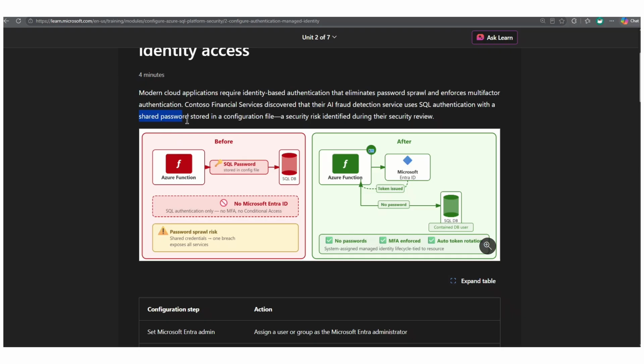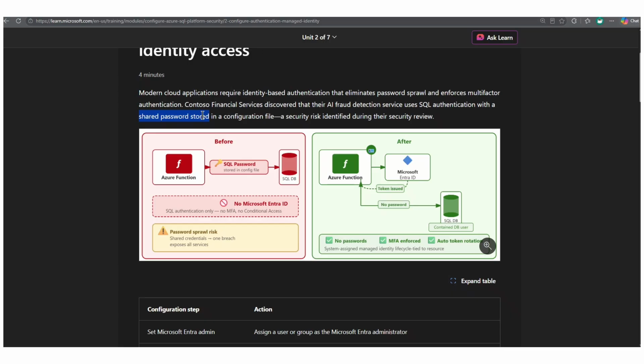And this sounds like you would say, why would you do that? This is more common than many people think, even though we have always discussed the fact that you shouldn't share passwords.